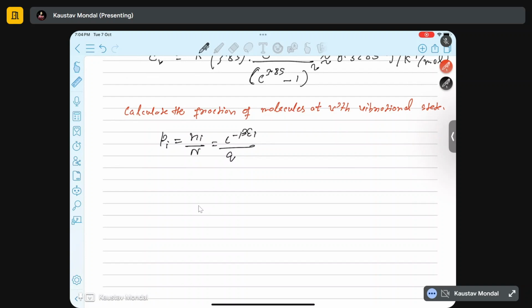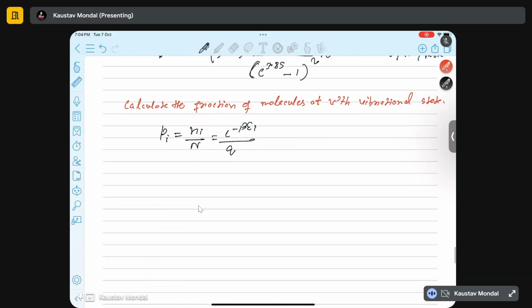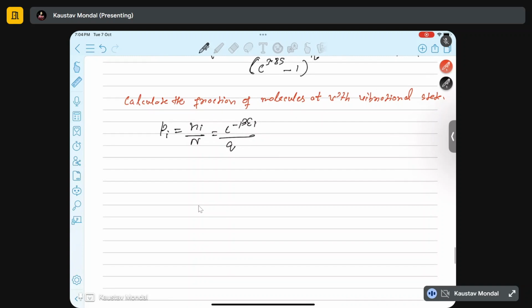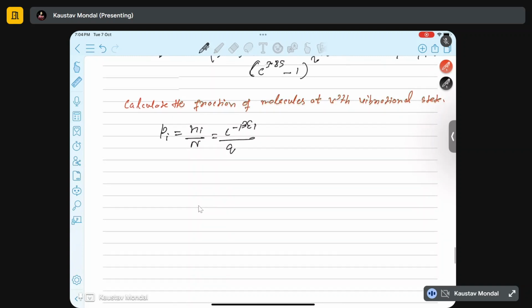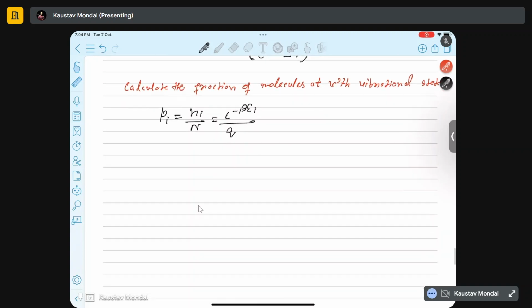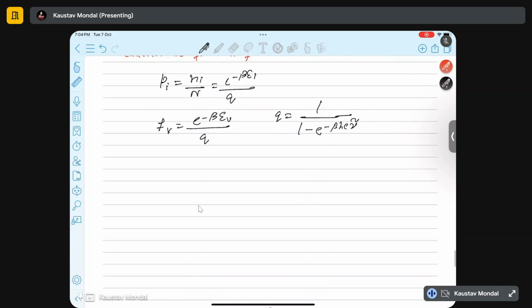Since here we have asked to calculate the vibrational state, that means at the vibrational state v, the fraction we are writing as Fv equal to e to the power minus beta εv by Q. Q is nothing but 1 by 1 minus e to the power minus beta hc nu tilde, right? That is the total partition function.